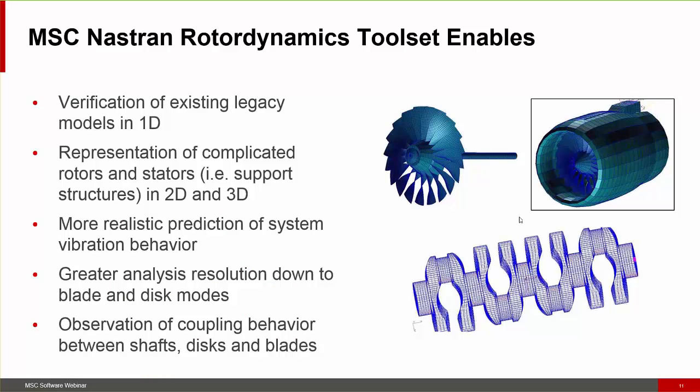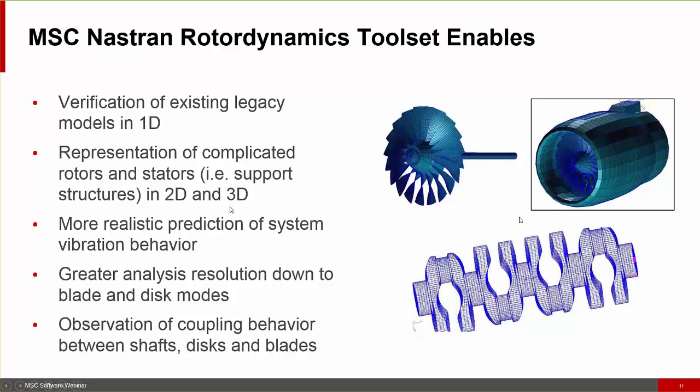So the tool enables you, I guess we do support analysis in 1 dimension, 2D, and 3D. The 1D models are still very important because, first of all, they give you a first step into analysis, and also the ability to model in 1D allows you to verify your existing legacy models, which is the first step that you would typically take if you're considering new methods.